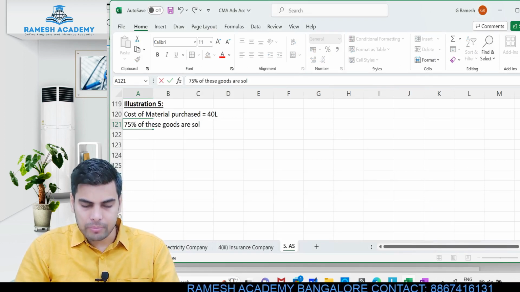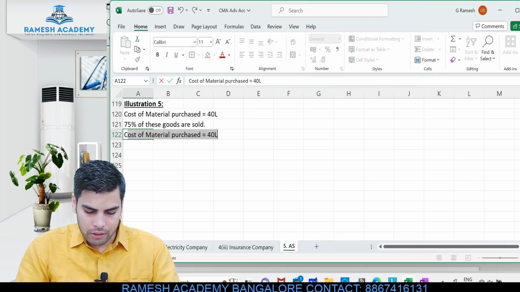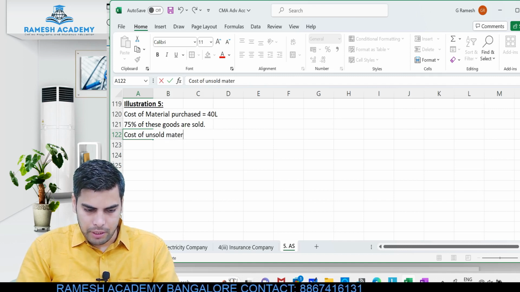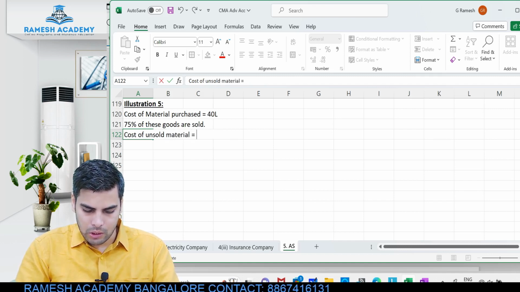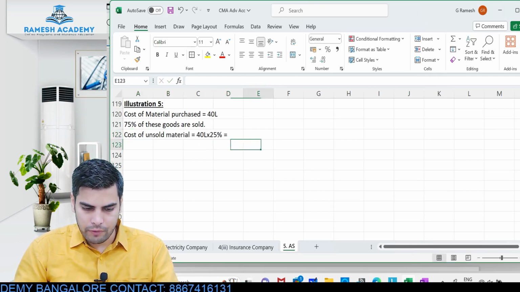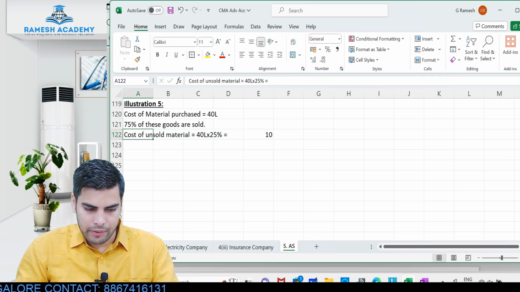So if 75% is sold, what will be the unsold part? So cost of unsold material, that is nothing but your closing stock. The remaining 25% would be your unsold stock. How much would be 25% of this 40 lakh? This would be 10 lakh, right? This would be the cost.